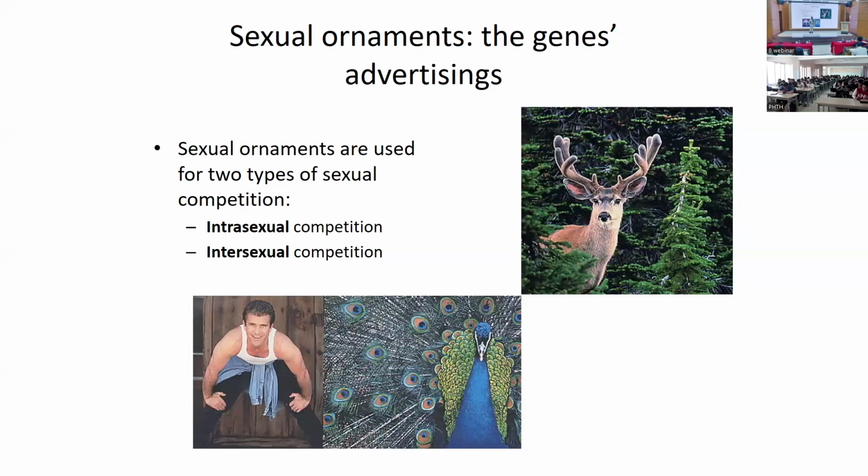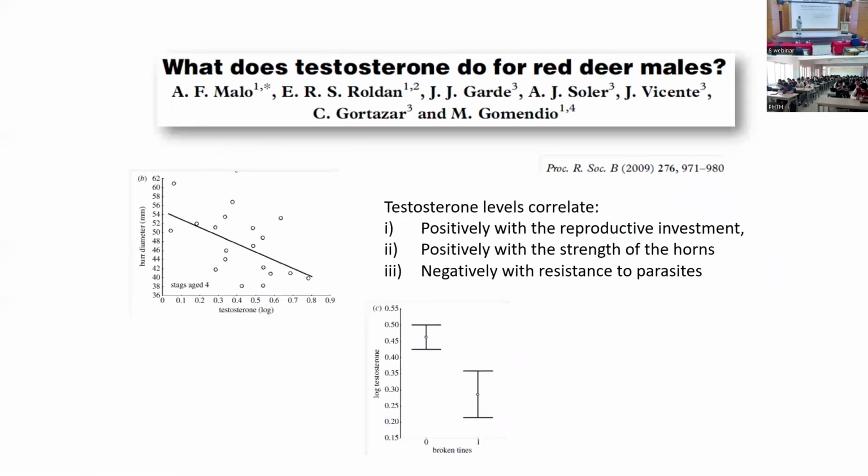It's not just sexy, but it's carrying a very important biological message, which is good genes. I survived until now because I have good genes. So, a very interesting perspective. And this experiment is also very interesting because it's demonstrating that the level of testosterone in deer is related to the size of the horns, but also inversely related to the resistance to parasites.